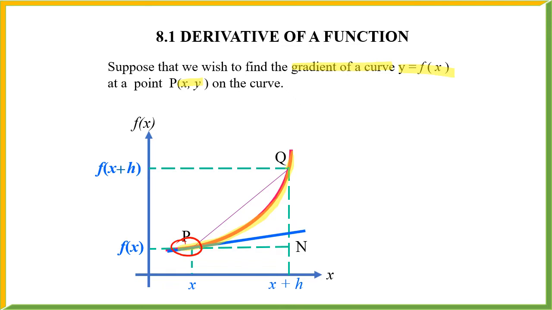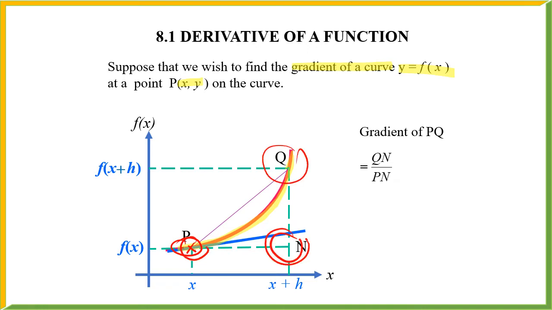The gradient of the curve at this certain point can be found by finding the ratio between QN and PN.